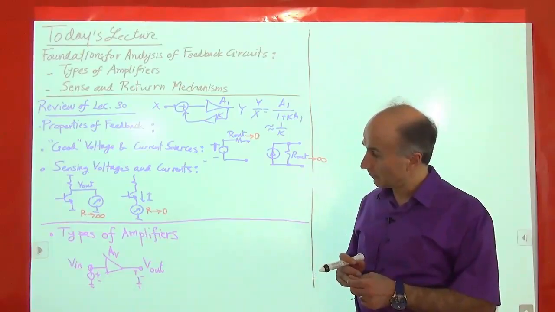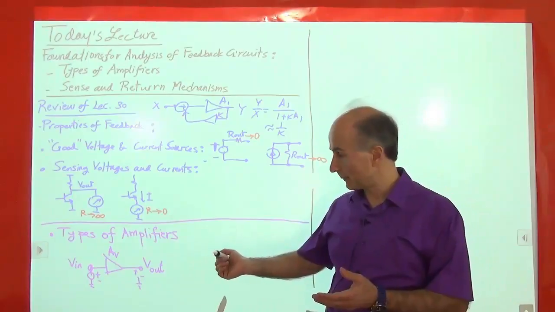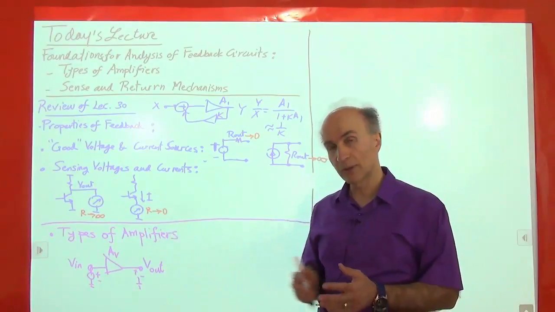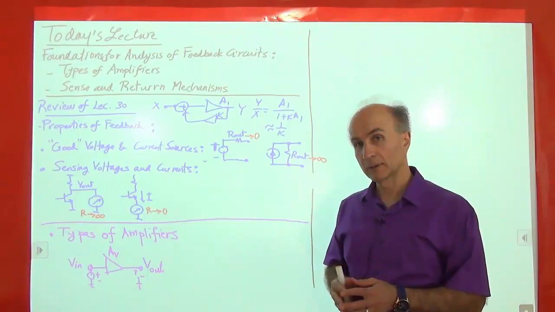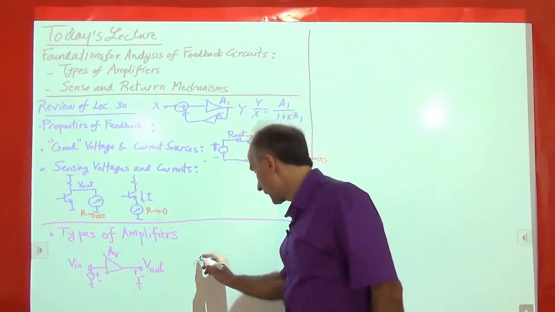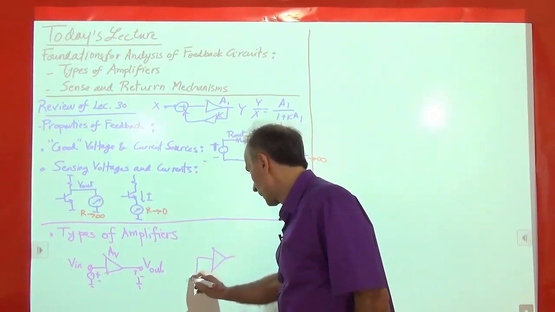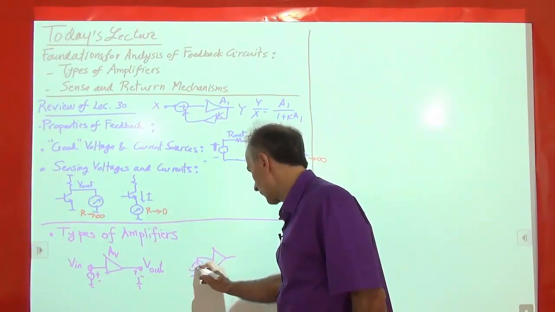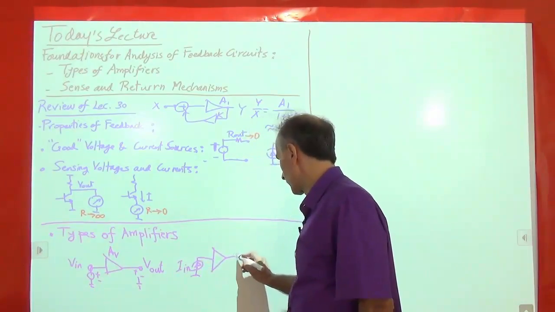All right, but that need not be the case all the time. For example, the input quantity doesn't have to be a voltage, it can be a current. So I can envision a situation where my input is a current quantity, but my output is still a voltage quantity.